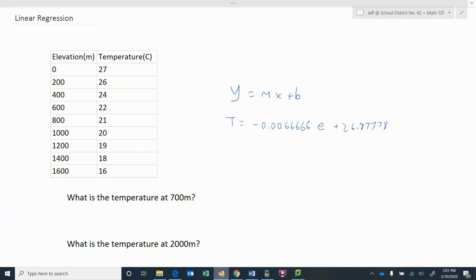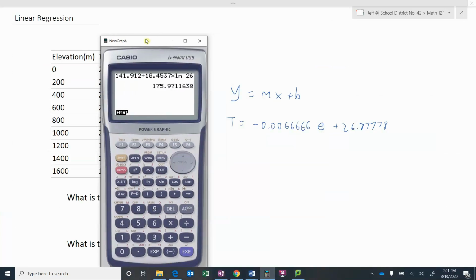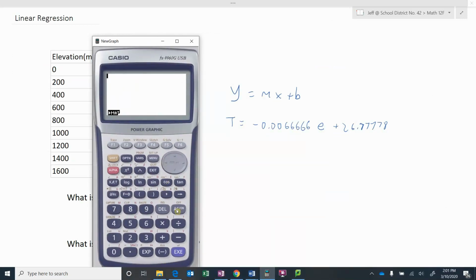And then we could also use our equation that we have right now. So I'm actually going to use the equation. And I'm going to put 700 in for my elevation. Let's clear this.